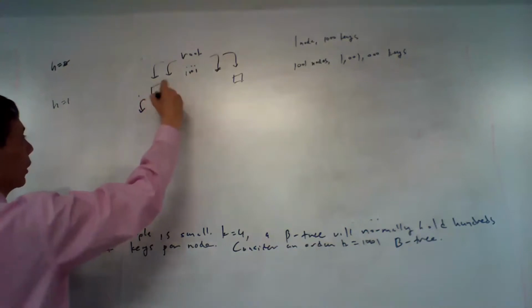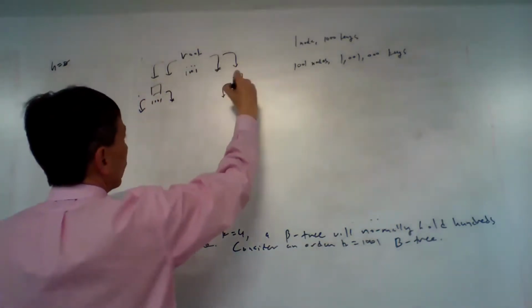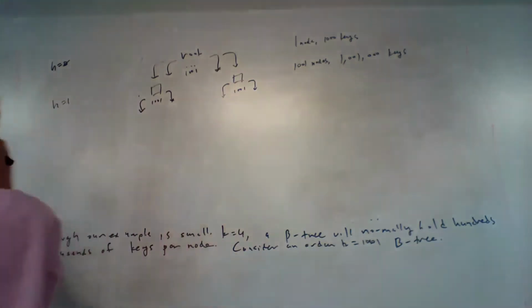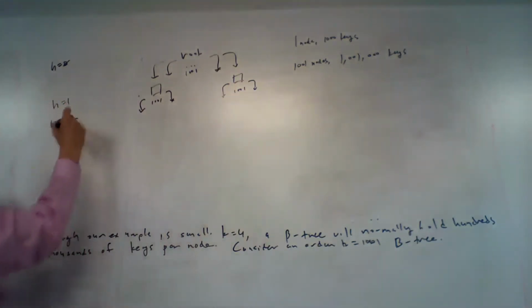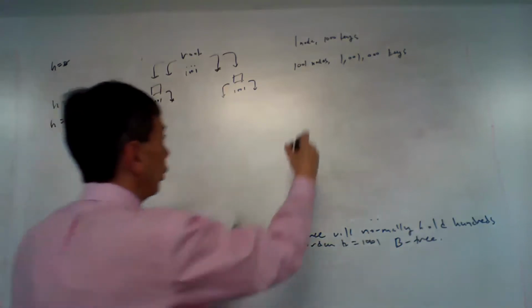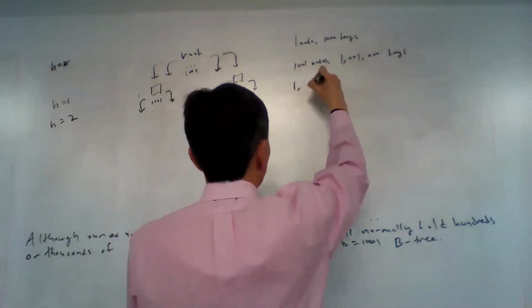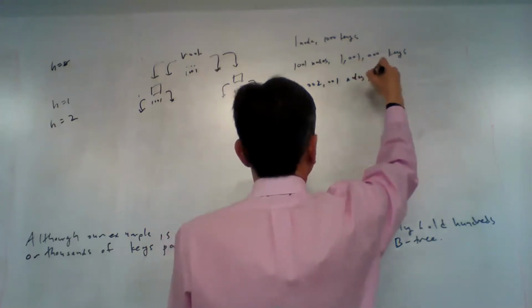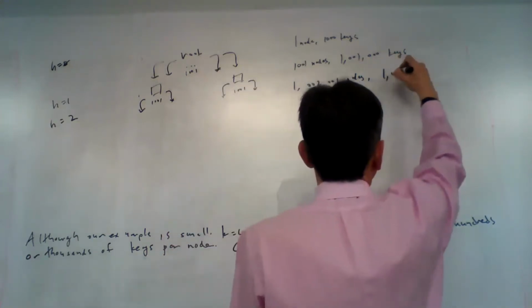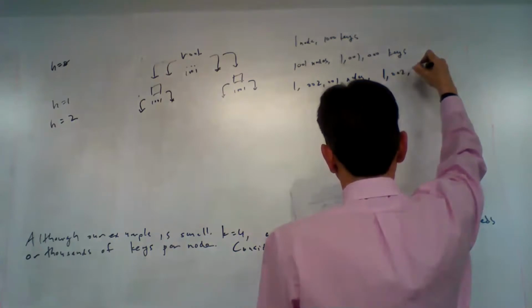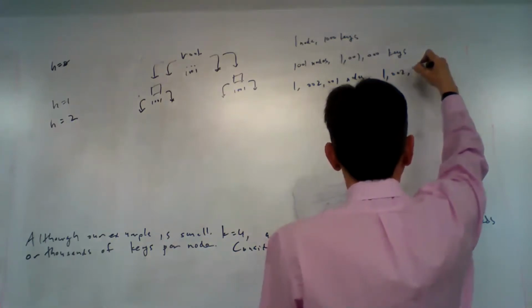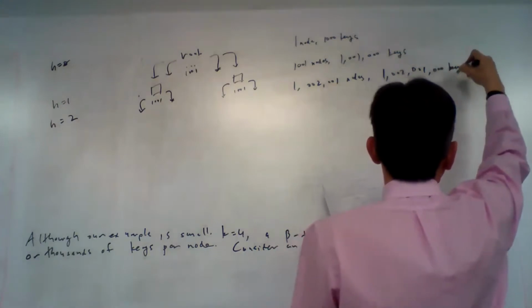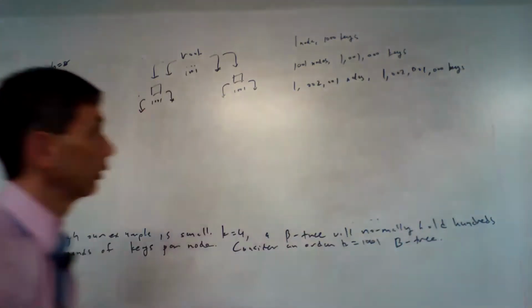There's 1,001. There's 1,001. And so at level h equals 2, you have 1,002,001 nodes and about 1,000,000,000 keys, or positions for keys.